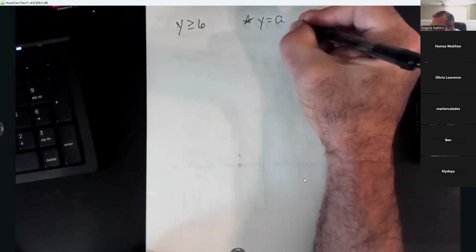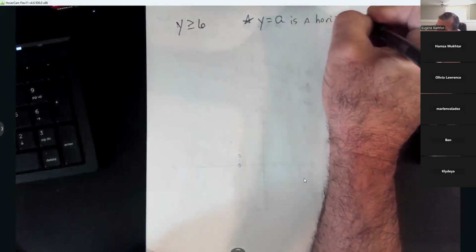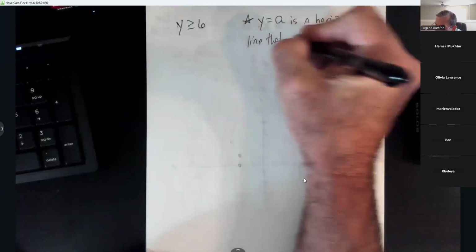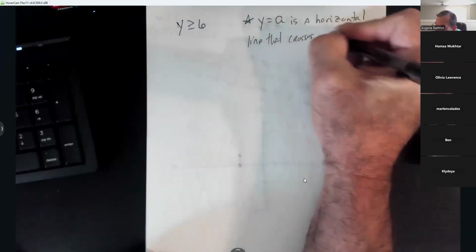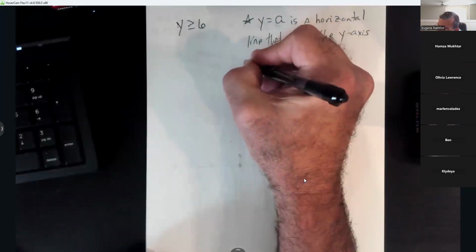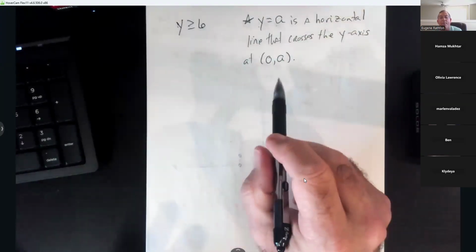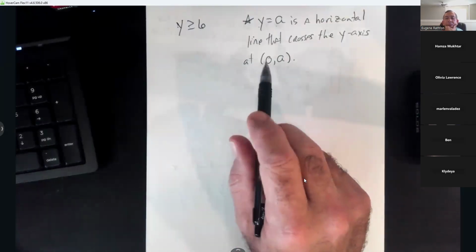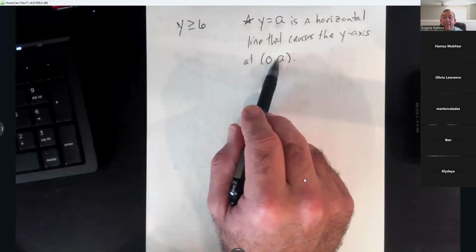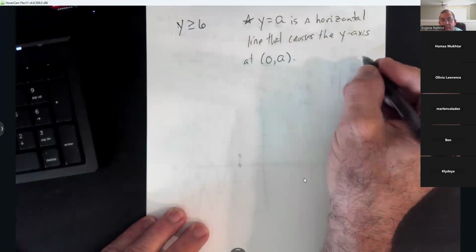When it's a Y, it'll be a horizontal line. So this is a horizontal line that crosses the Y-axis at 0, A. Whatever A is, 6, that's where it's crossing the Y-axis. So remember, these are horizontal lines going left to right.